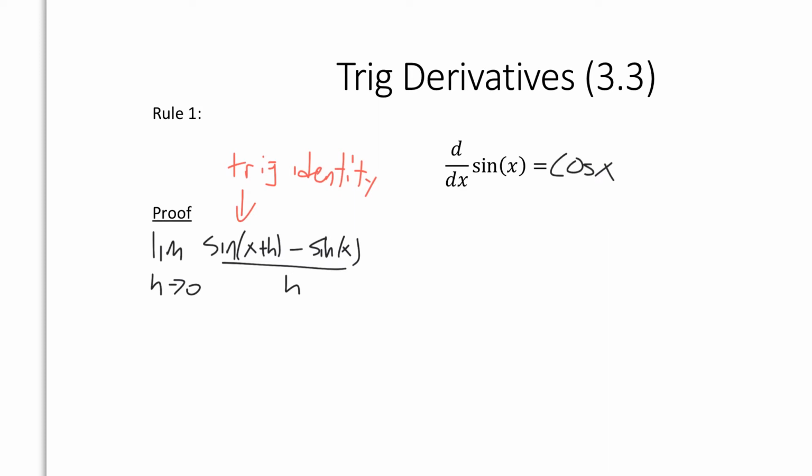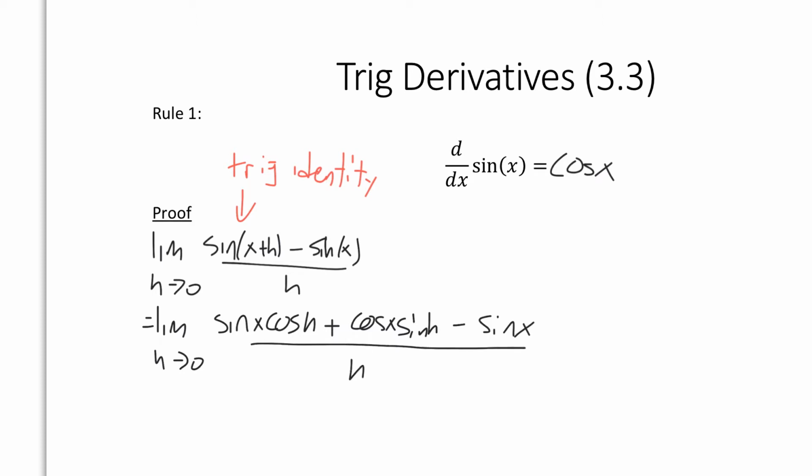So the trig identity we have here is sine of a plus b. So this will be equal to sine of a, which is x, so sine x, cos of b, so cos h, plus cos x sine h, minus sine x, all over h. Now if you notice, this term and this term both have a sine x, so we're going to put them side by side.